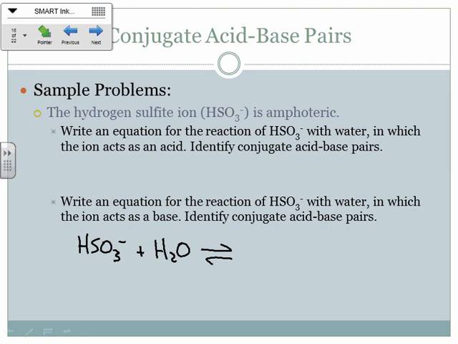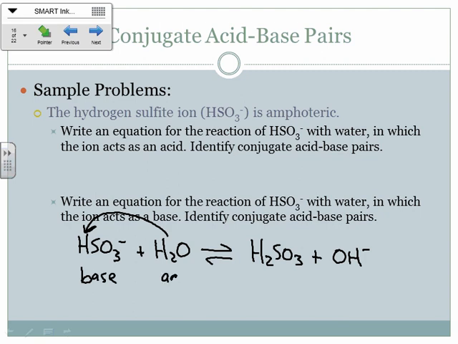And so in this one particular situation, we can think of it happening either way. The other thing that could happen here is that this HSO3 minus acts as a base and takes an H from the water, forms H2SO3 plus OH minus. Okay? So again here, now this is the base.